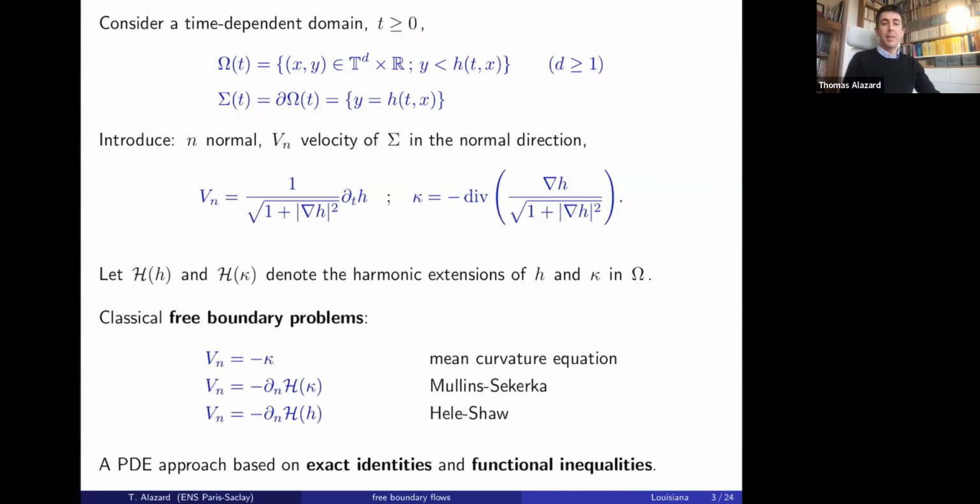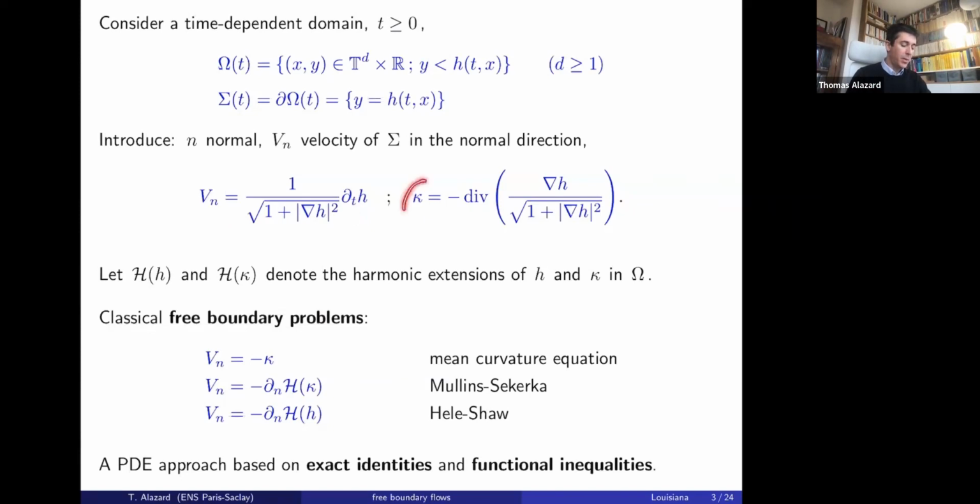We denote by Σ(t) the boundary, which is the graph of the function h. We also introduce the normal n and V_n, the velocity of the free surface in the normal direction. V_n is given by an explicit computation: 1 upon the square root of 1 plus gradient of h squared, times ∂_t h.